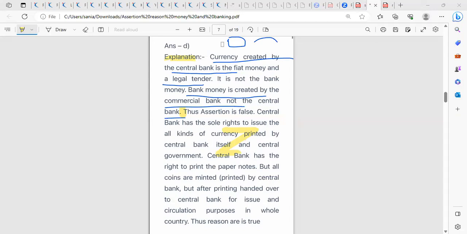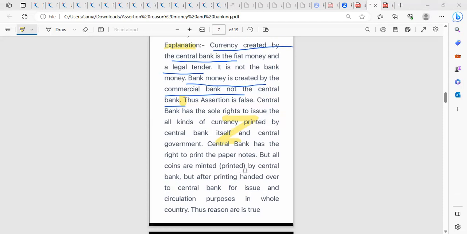Ma'am, in the explanation part it's written that all coins are minted by the central bank, but after printing handed over to the central bank. Is it correct? Basically, the other notes, apart from the coins and the 1 rupee note, are not printed by the central bank. They will release them, but for example, I am a maths teacher and you have a principal who is also a maths teacher.